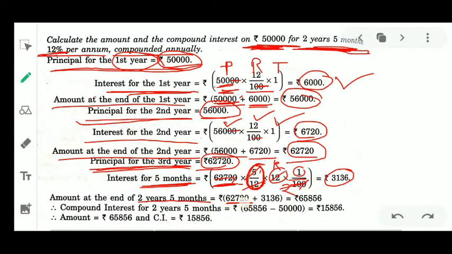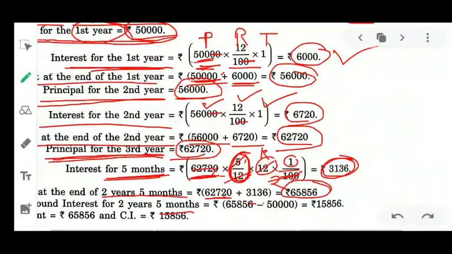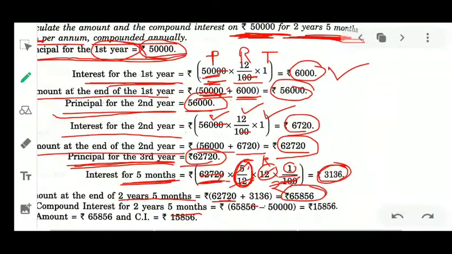So the amount at the end of 2 years 5 months will be 62,720, that is the amount at the end of the second year, plus interest for 5 months, that is 3,136, equal to 68,856. Now compound interest for 2 years 5 months equals the difference between the amount at the end of 2 years and 5 months, that is 68,856, and the original principal.